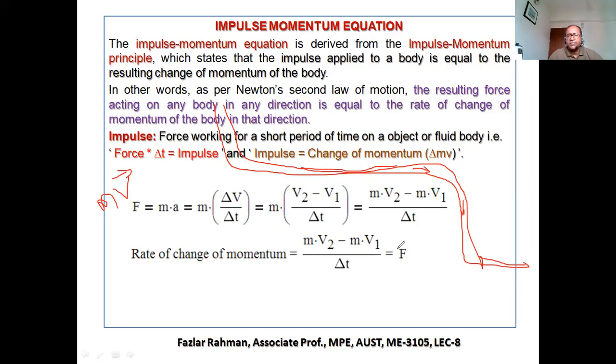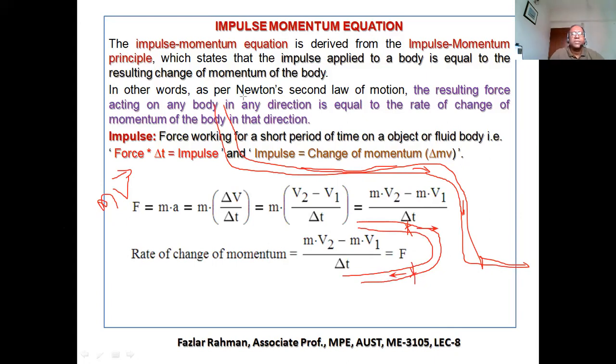And sometimes you might make a pipe a kind of U-turn like this one. So at this point your velocity is along this direction, but right over here velocity is in the opposite direction. So what will be the change of momentum?